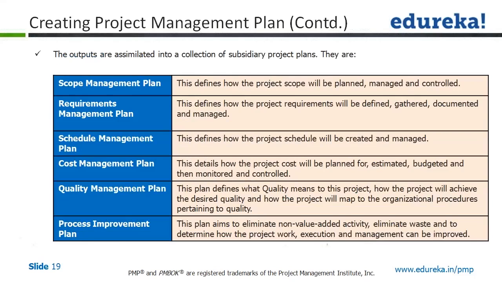Let me explain these terms one by one now. Let me start with the scope management plan. The scope management plan defines how the scope is going to be planned, managed, and monitored across the project.